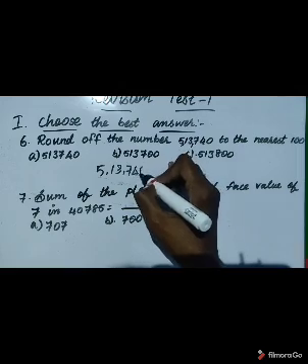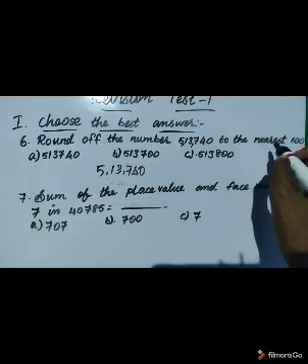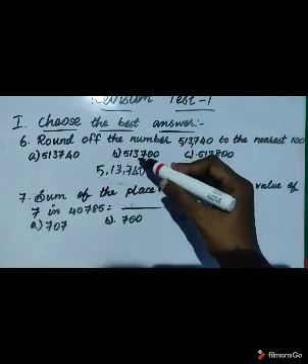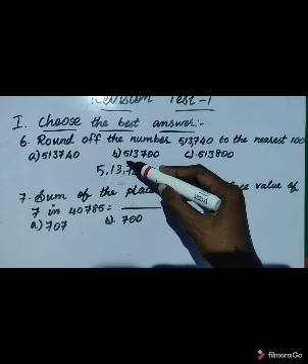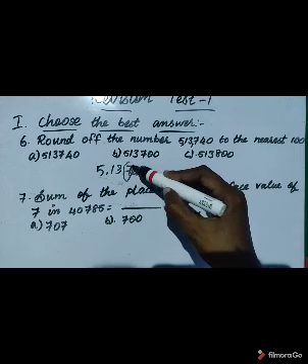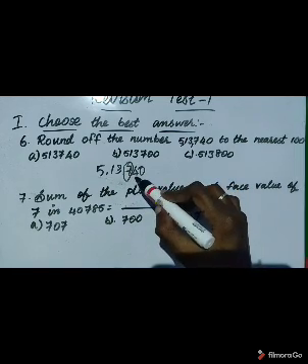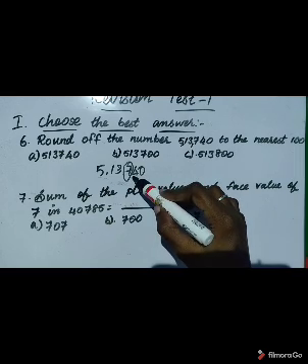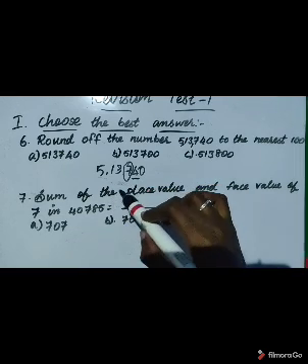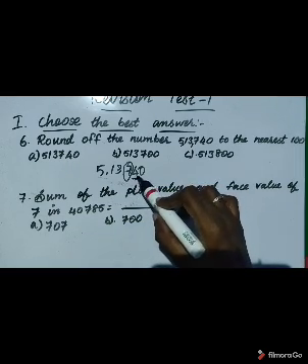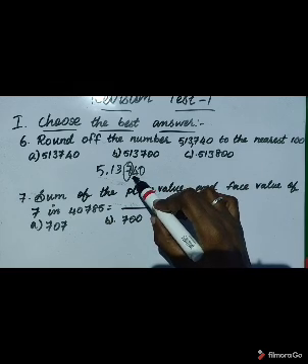So 513 will remain the same. And the two numbers on the right side of the circled number, 4 and 0, will become 0. So the answer is 5,13,700. So that is option B.